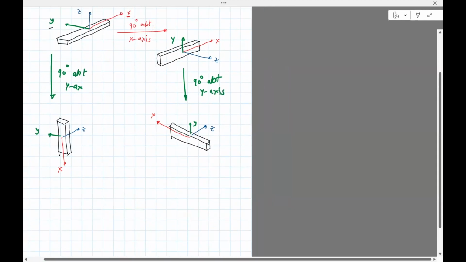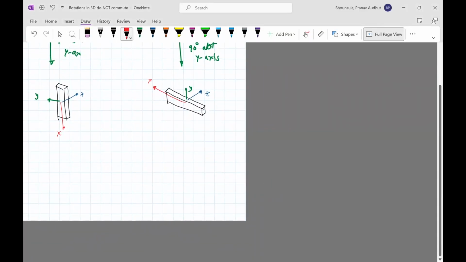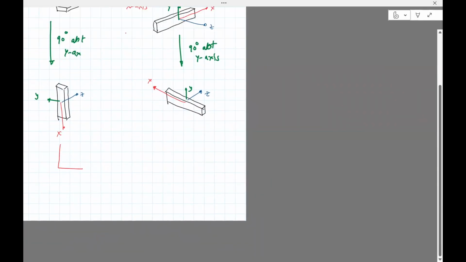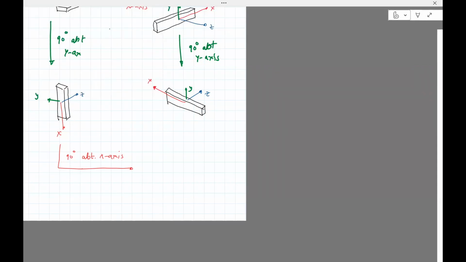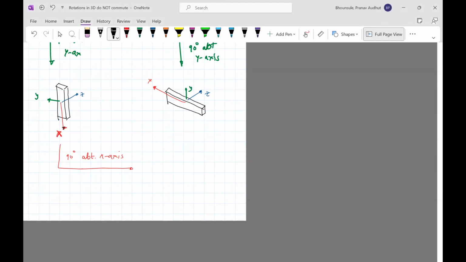And then let's do the last set, which is 90 degrees about x-axis. Okay, so point the thumb of your right hand along the x-axis and turn by 90 degrees. That is, your fingers are curled in that direction.